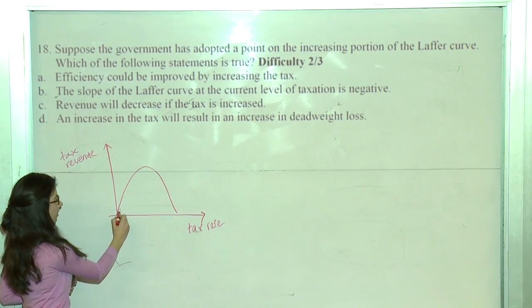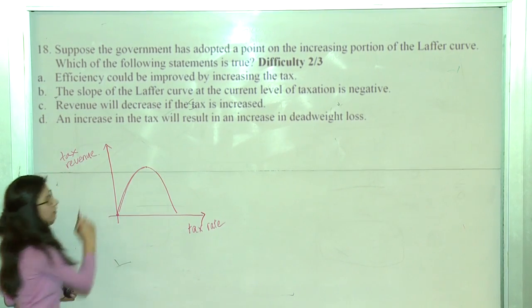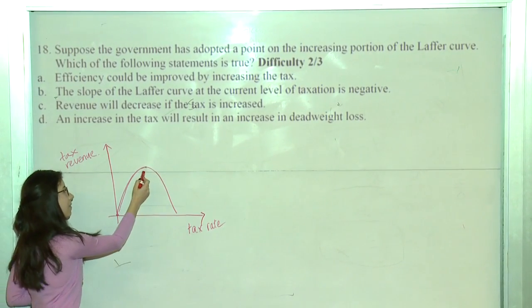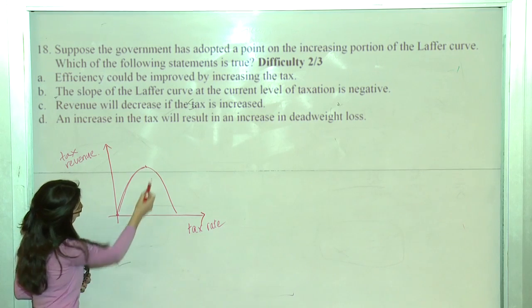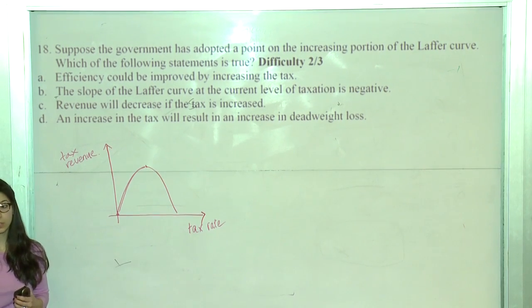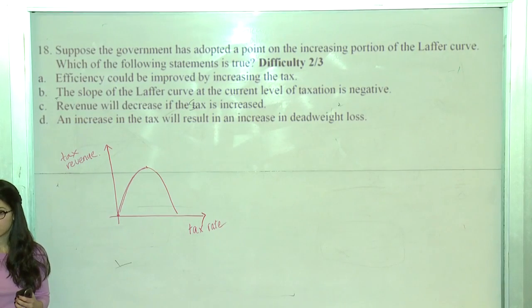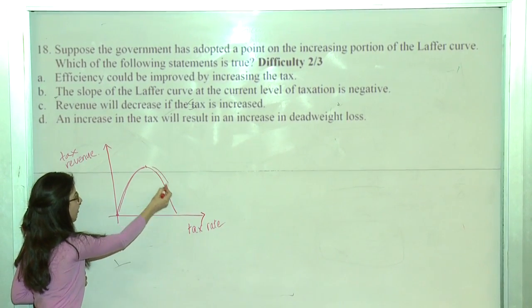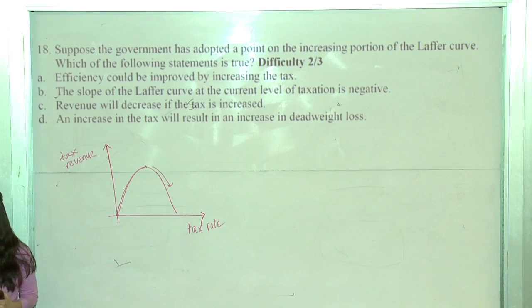Then for a while, as the tax rate increases, we would expect there to be an increase in revenue. And then after a certain point, as the tax rate gets to be a little too high, we might expect some economic effects to be happening behind the scenes, which would actually potentially cause the tax revenue to decrease.